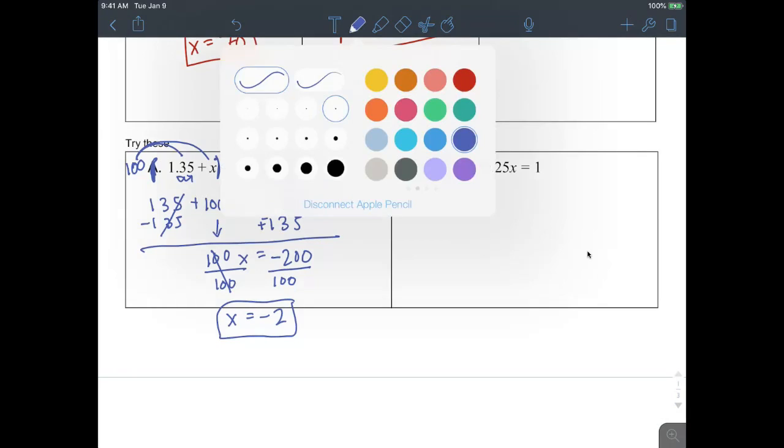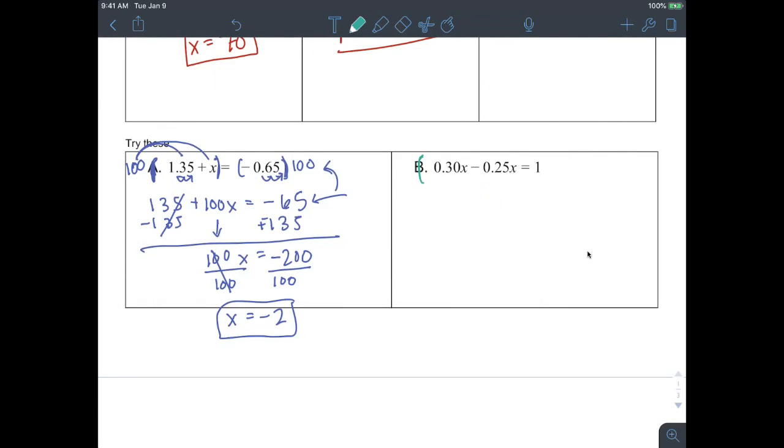Okay. Last one. So again, this example has max 2 decimal places to move. So I'm going to multiply by 100 on both sides. So 1 times 100, well, that's an easy side, 100. And I'm going to go ahead and move the decimal place 2 times, giving me 30x minus 25x.